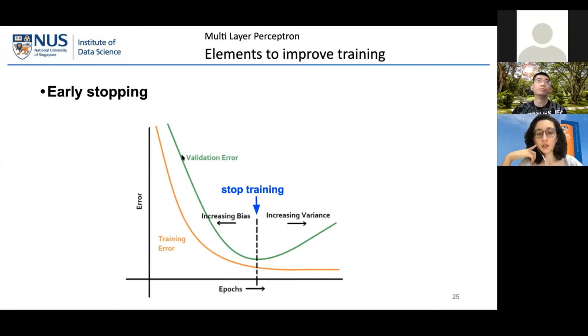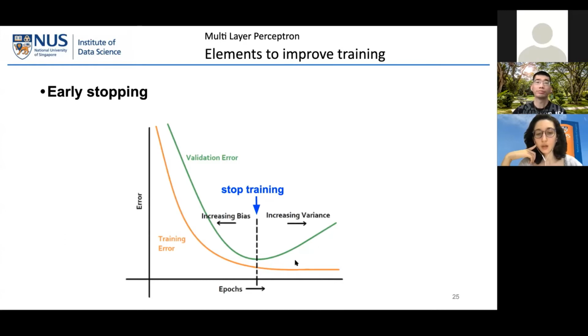as you compute your gradient, etc., you update your parameters in order to really decrease this error. But the validation error, usually what it does, this is quite a common trend, is that first it will follow the training error and decrease, but after a while, it will start increasing again. That means here that you are starting overfitting. So you overfit on your training data, but you're not able to generalize well.